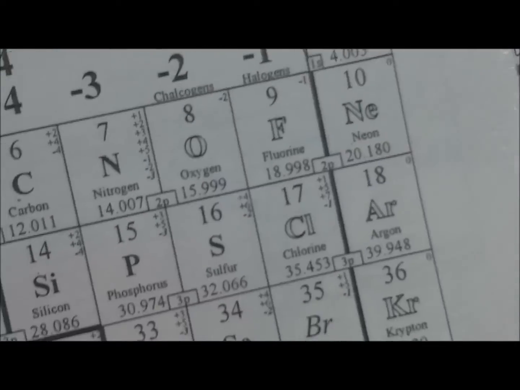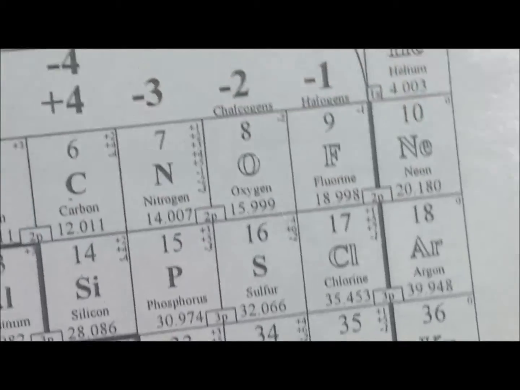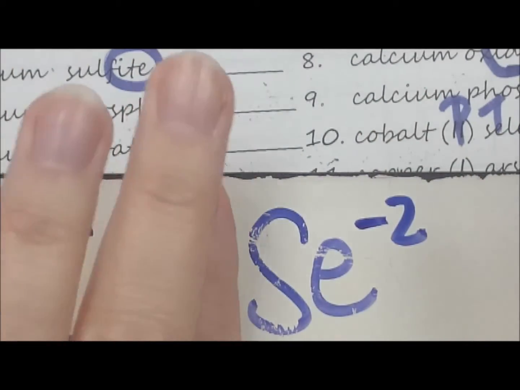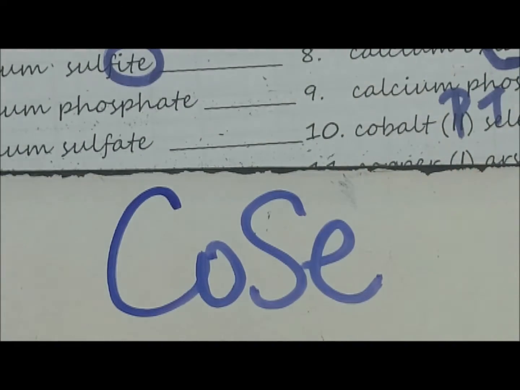It's right here. So selenium's charge is -2. So they have the same charge, so they cross out. So CoSe.